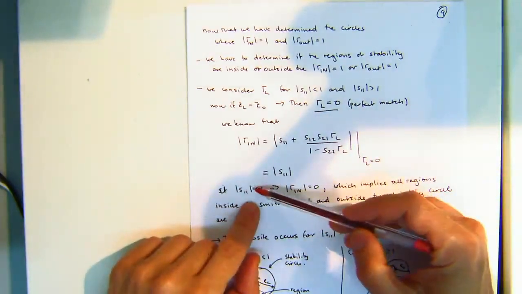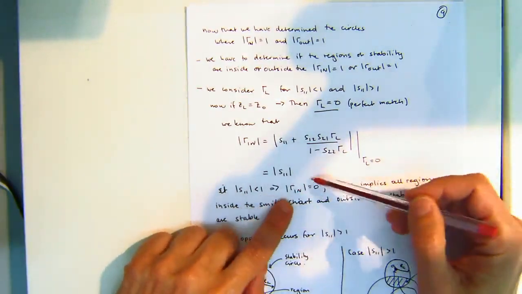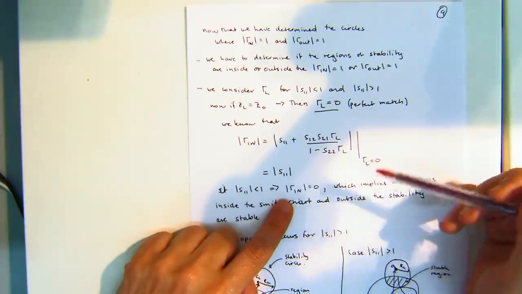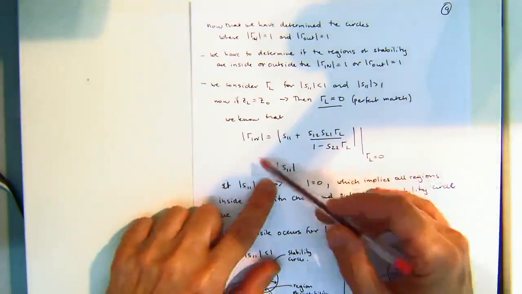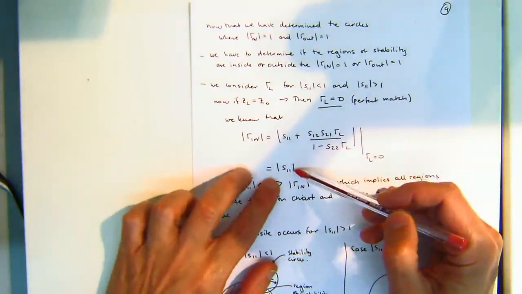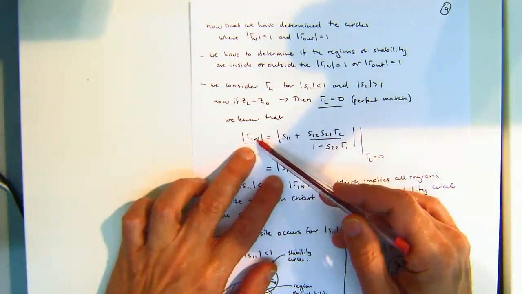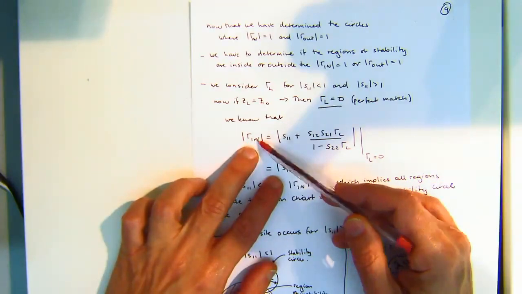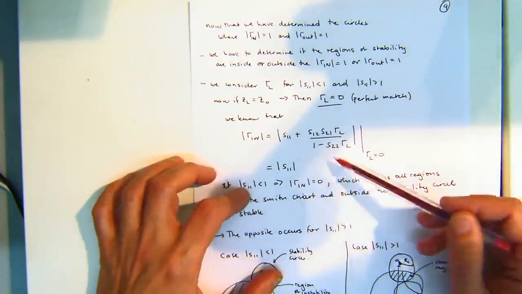So what it says is essentially, if S11 is less than 1, that implies the reflection coefficient is inside the region of stability. Because if S11 is less than 1, the input reflection coefficient is also equal to S11, which is less than 1, and we know that's the region of stability.